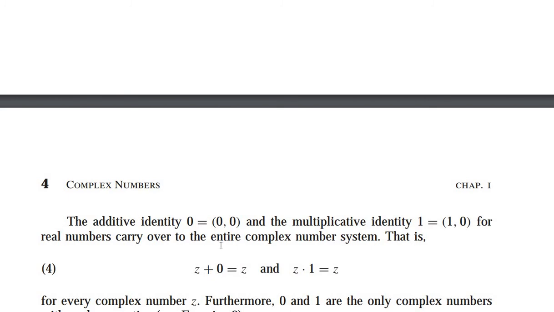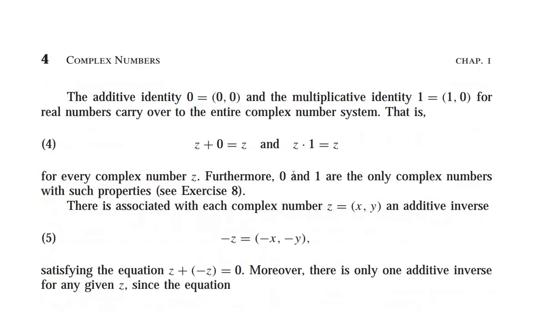That means 0 is the additive identity element of the complex numbers, and 1 is the multiplicative identity. 0 and 1 are also the additive and multiplicative identities of the real numbers. All of these properties match the real number properties.